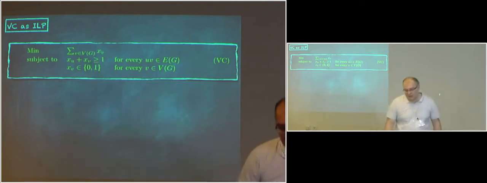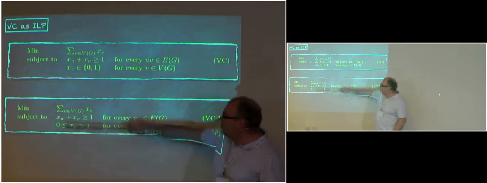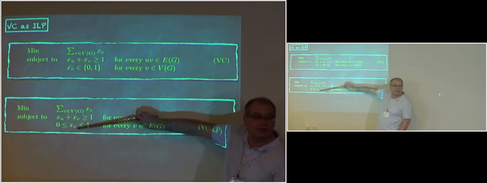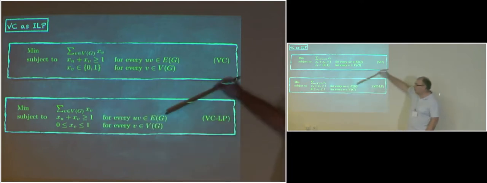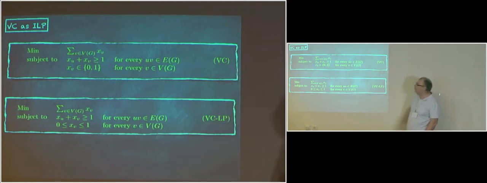If I take the relaxation of this ILP, I will get the linear programming formulation for vertex cover. So I just omit the integrality constraints for this problem. This problem we can solve in polynomial time, right? By linear programming.